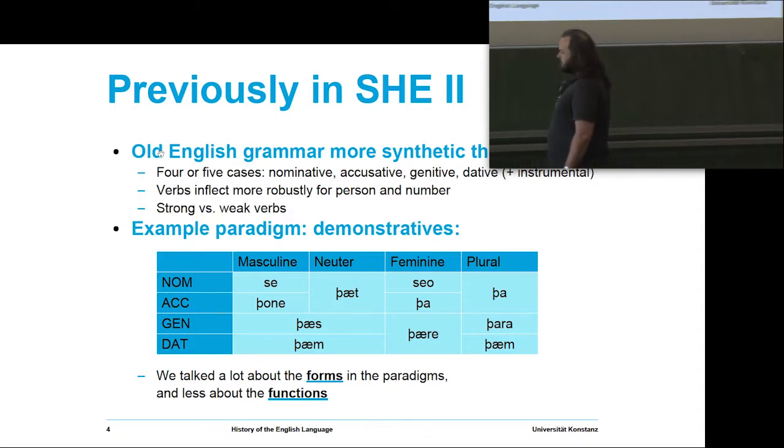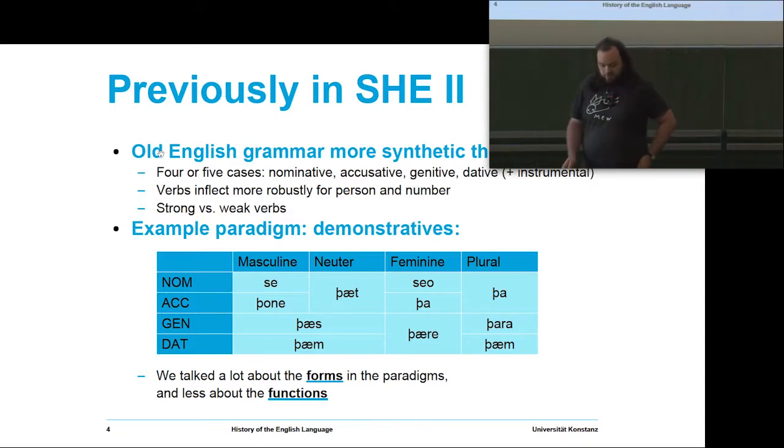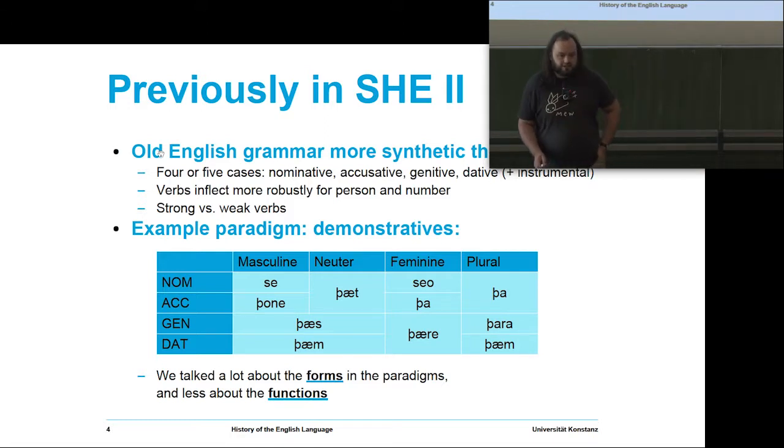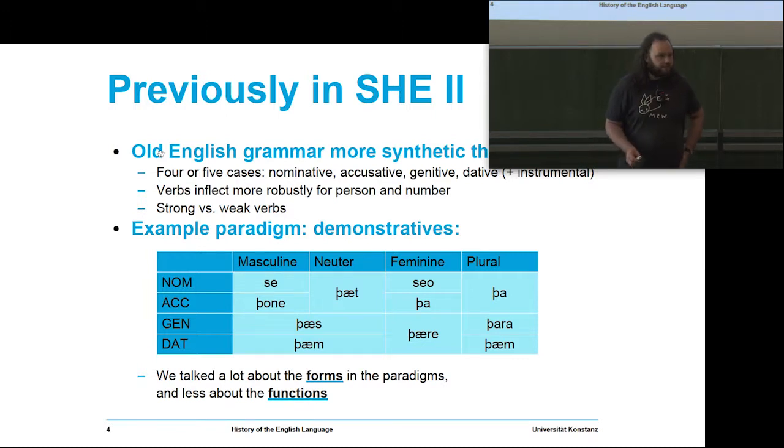Because for instance, for the exam for this course, you will receive the paradigms that you need, but you will not have much time, and you will need to be able to do things with these paradigms, okay? If you get a word form and you have absolutely no idea what it is, then the task is to figure out what it is and what it's doing there, and how you know.